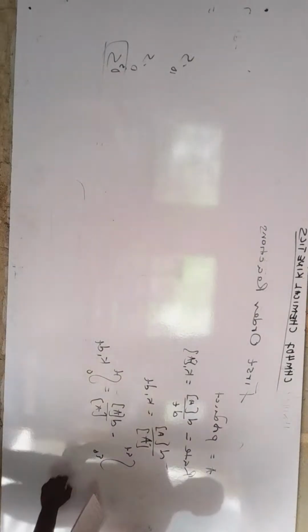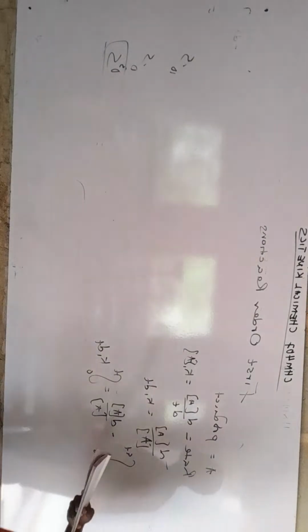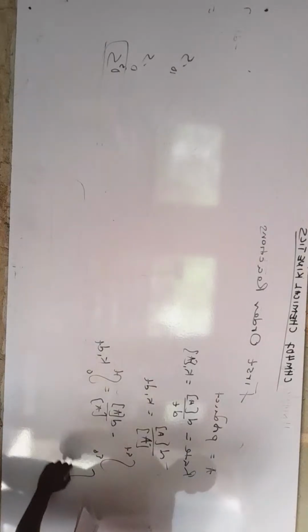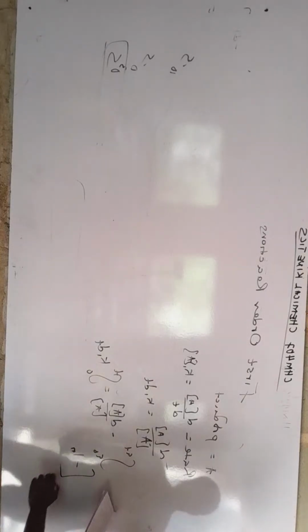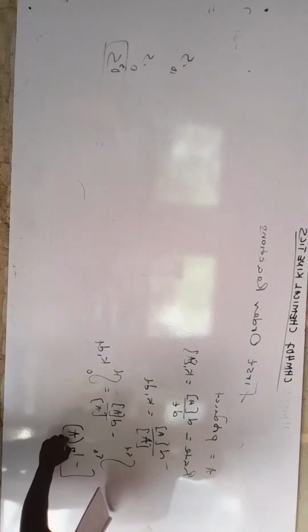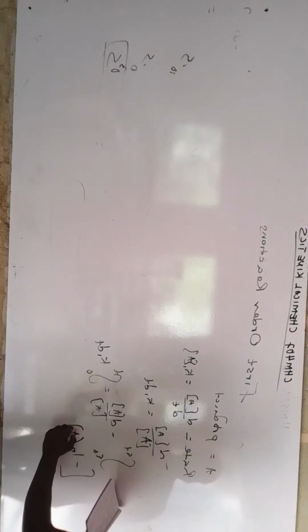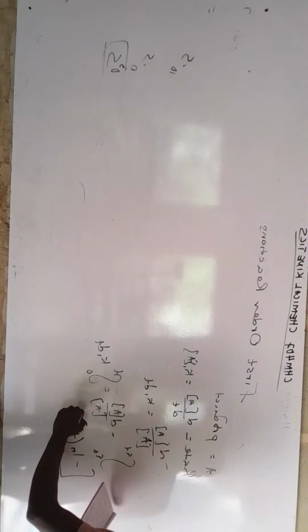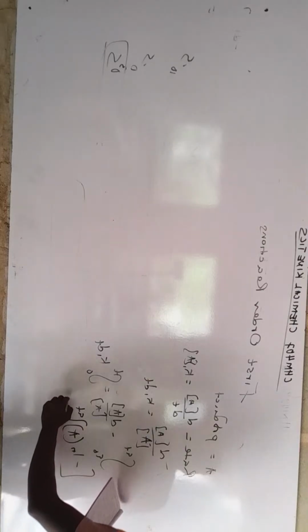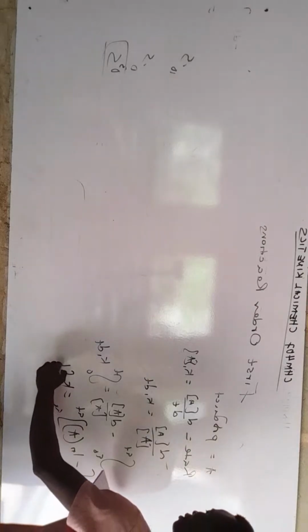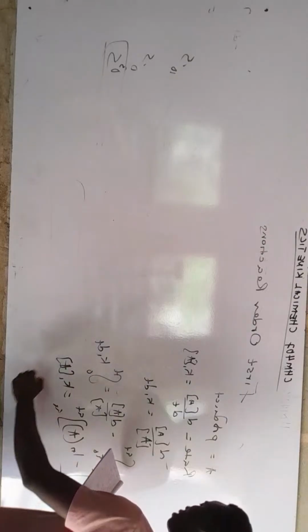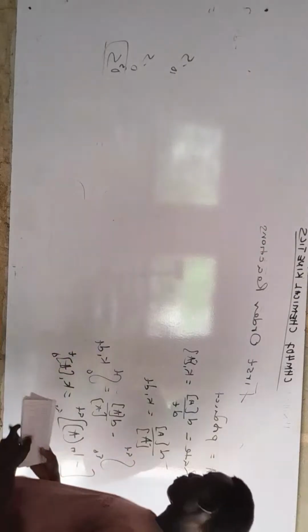So after the integration, we introduce what we call the constant of proportionality, where we have ln A. ln At over A0 equals to K1 (C and 0).